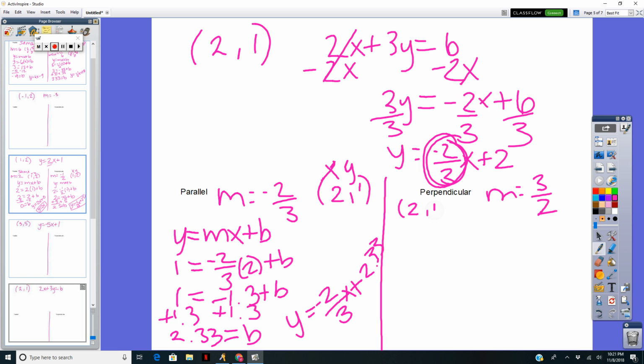Perpendicular, same idea. You have the point 2, 1. Label it x, y. Okay. And same thing. y equals mx plus b. Instead of the y, I'm going to put the 1. Instead of the m, I'm going to substitute in a 3 over 2, and substitute in a 2 for the x. And finally, the b.